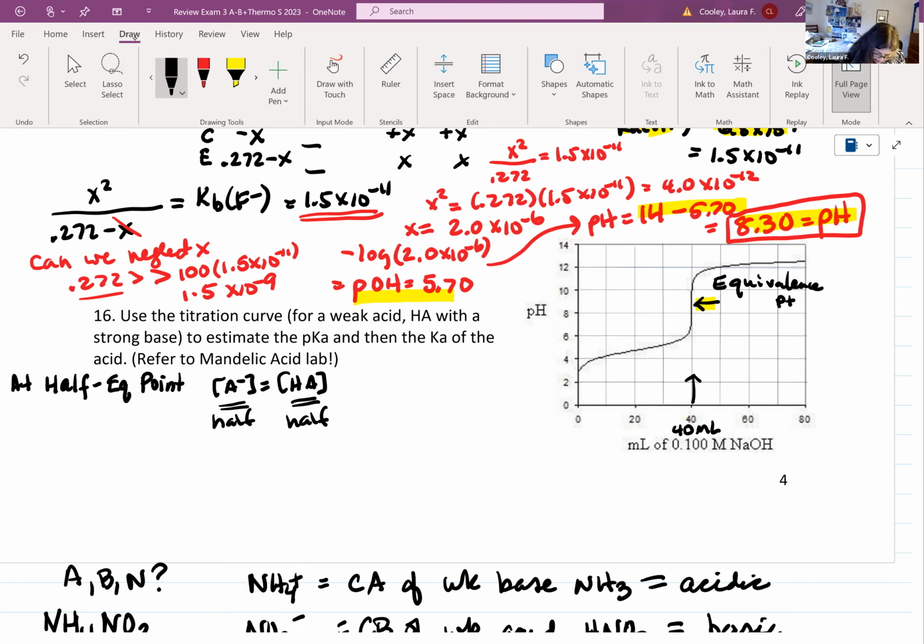And at that point, if we use the Henderson-Hasselbalch equation, if these two are equal, then this is the log of 1, which is 0.